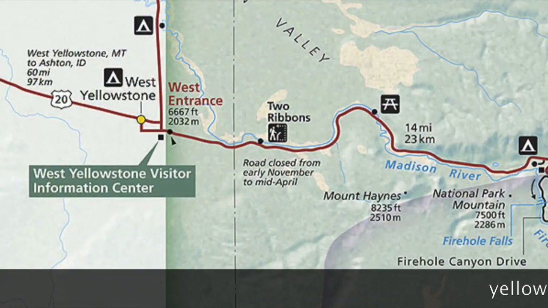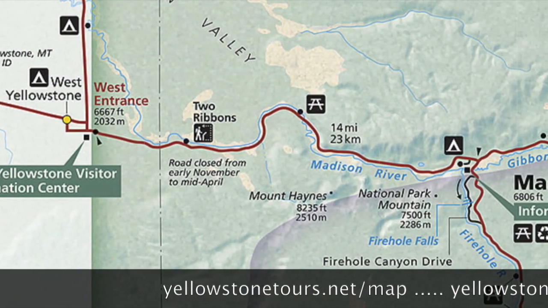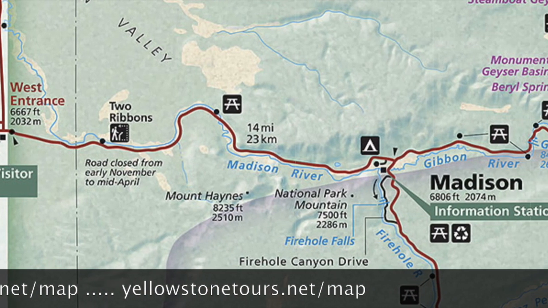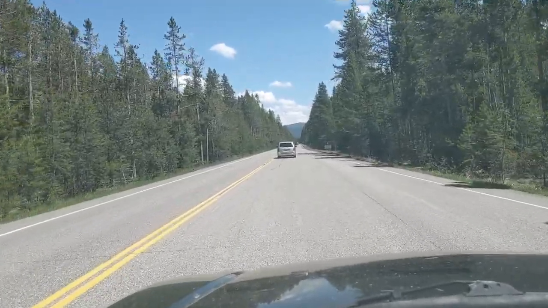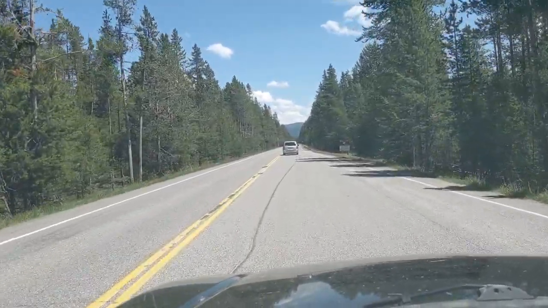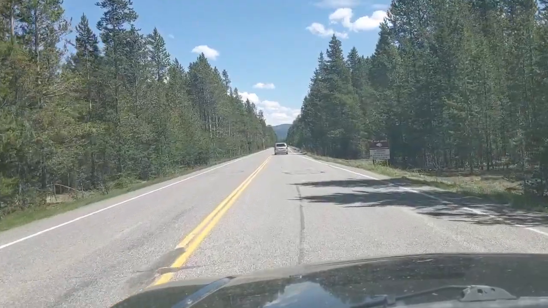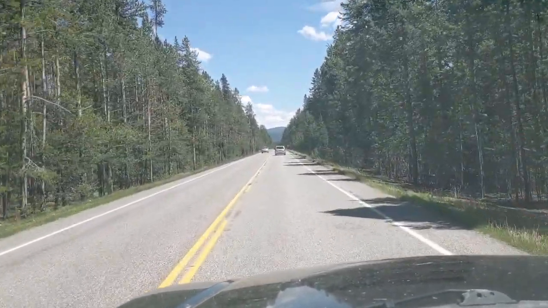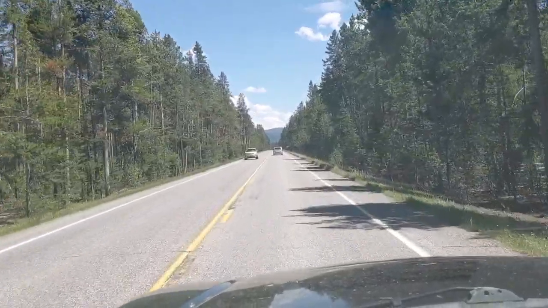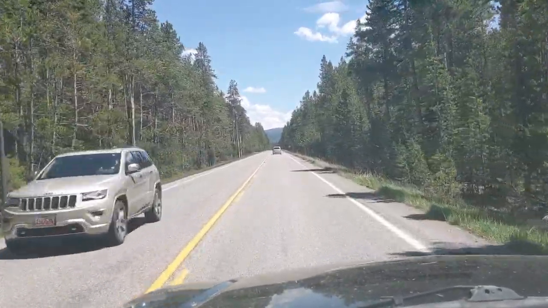It may be useful to have a look at a map of Yellowstone during this video. Please go to yellowstonetours.net/map. Madison Junction is where we'll meet up with the so-called Grand Loop, the roads that describe a gigantic figure of 8 running through Yellowstone National Park.